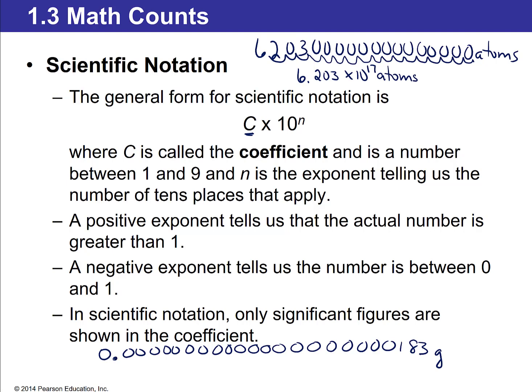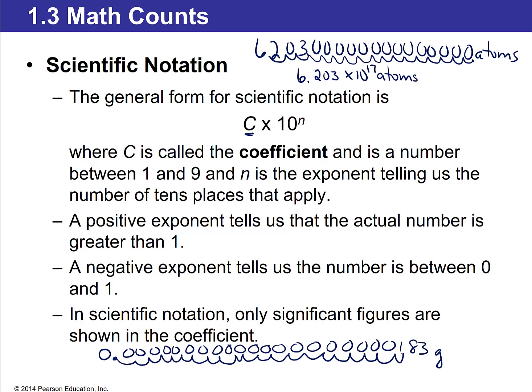If you're doing it this way, you're still going to make your number so that it's between 1 and 9. But here, I've got to go to the right in order to get to a whole unit value. So 1, 2, 3, 4, 5, 6, 7, 8, 9, 10, 11, 12, 13, 14, 15, 16, 17, 18, 19, 20, 21.